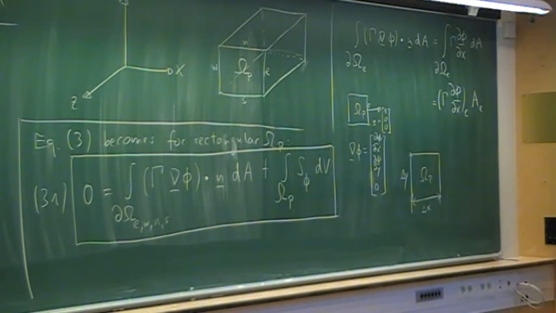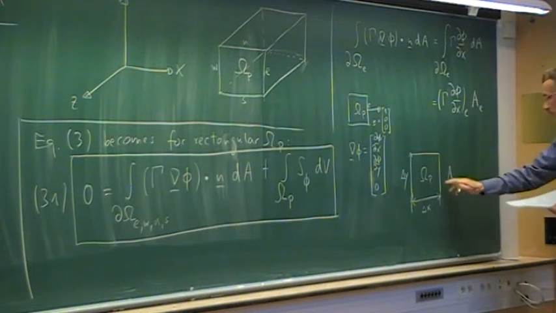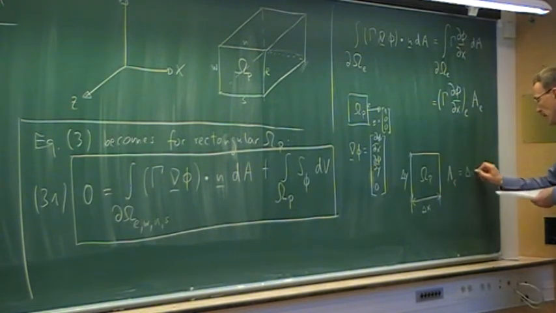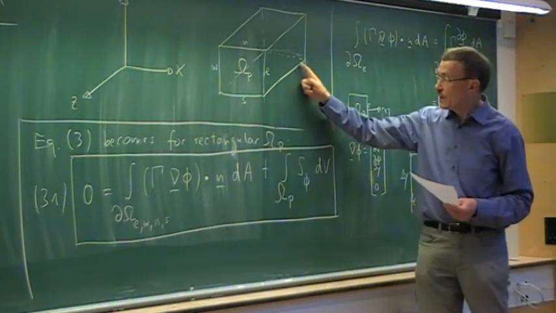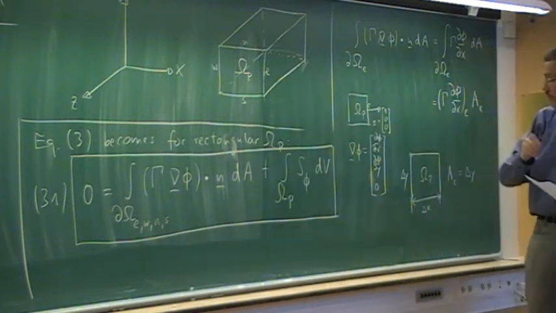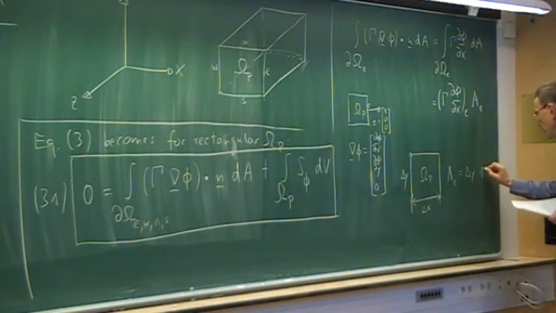Then the area at the eastern face is equal to delta y. And in the z direction, we have assumed that this length is 1 meter, so we can essentially forget about that.